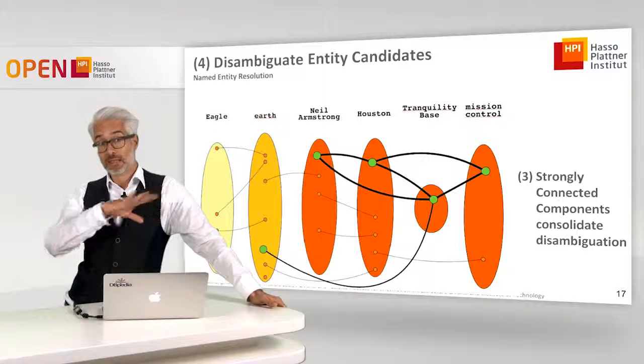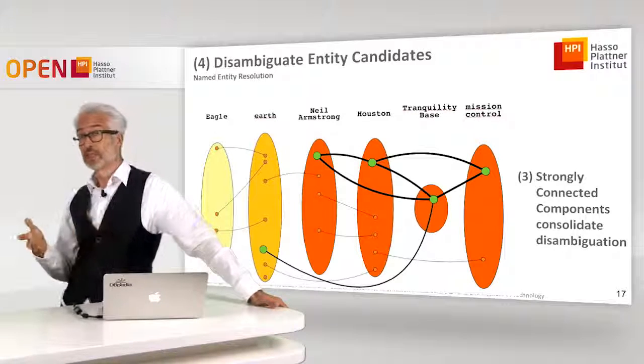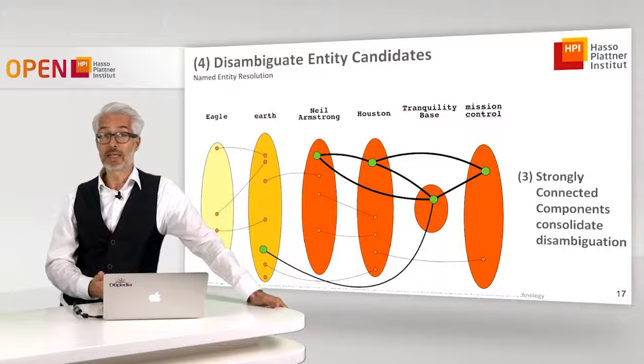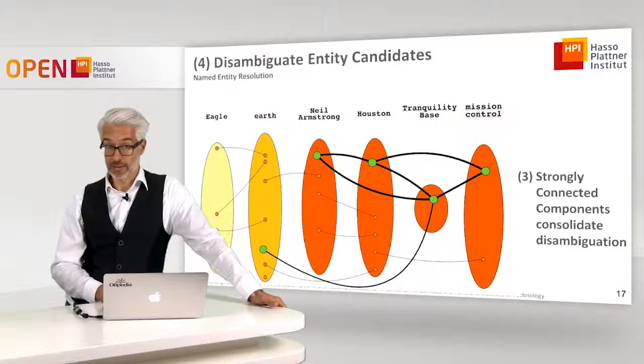And usually if I mention several entities in one sentence, it is the basic assumption that these things usually are related with each other. If I put things together which are absolutely not related with each other, then the sentence is rather difficult to understand.